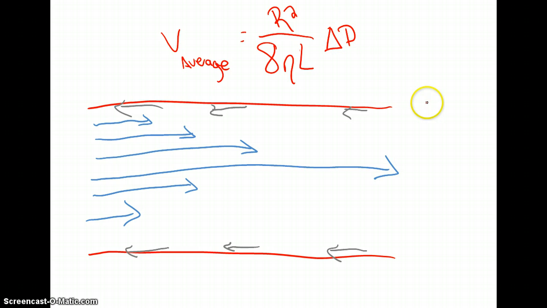Remember, we've got a low pressure zone here and a high pressure zone here that is causing that viscous liquid to flow in the first place. If given these variables, then I am able to calculate the average velocity. Again, know that the velocity is not uniform, but this is the average movement of these particles, right?